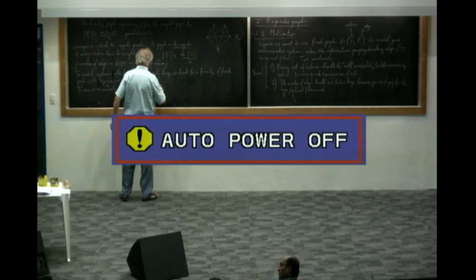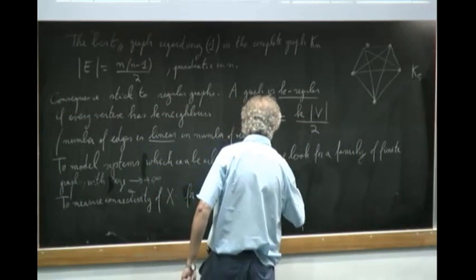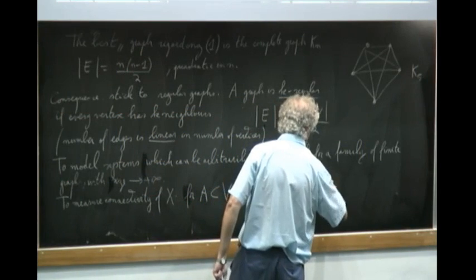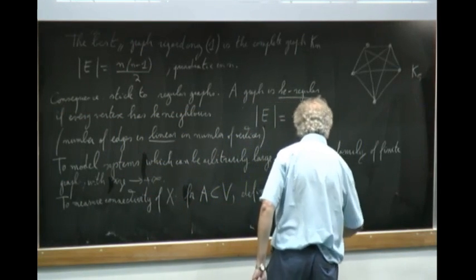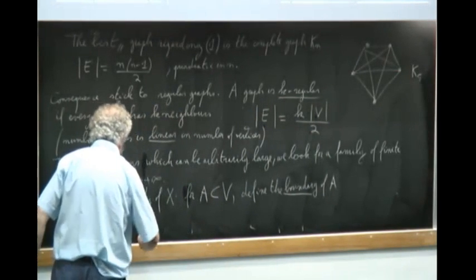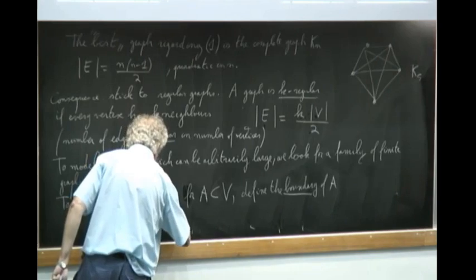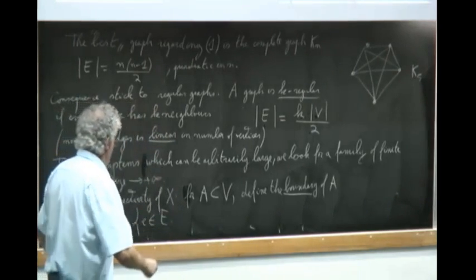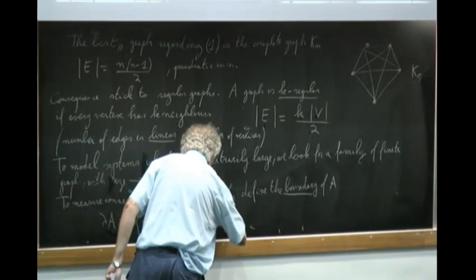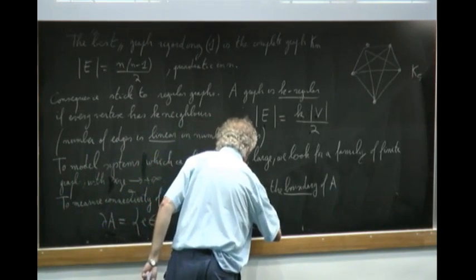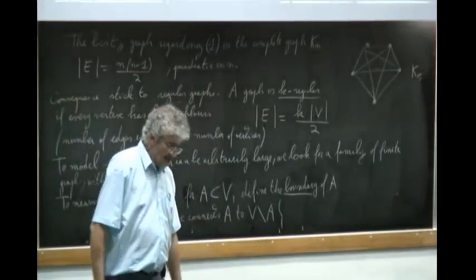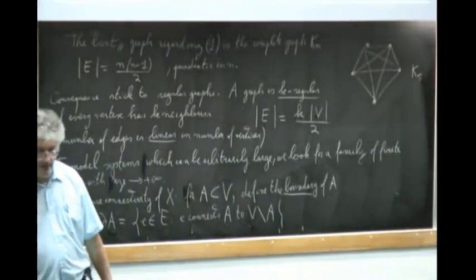And we define the boundary of A, del A. This will be the set of edges connecting A to its complement. So E connects A to V minus A. So these are the set of edges with one foot in A and one foot in V minus A.